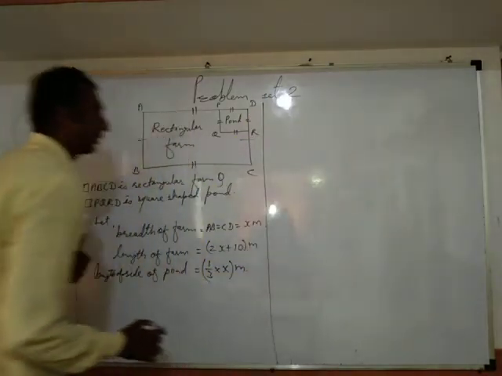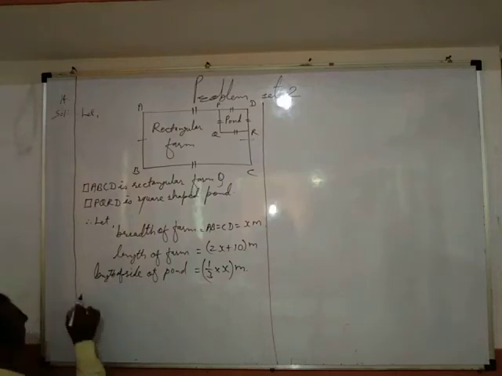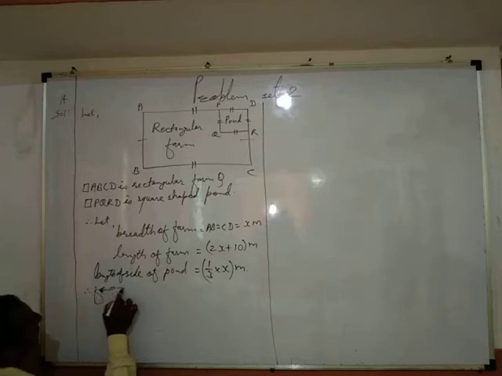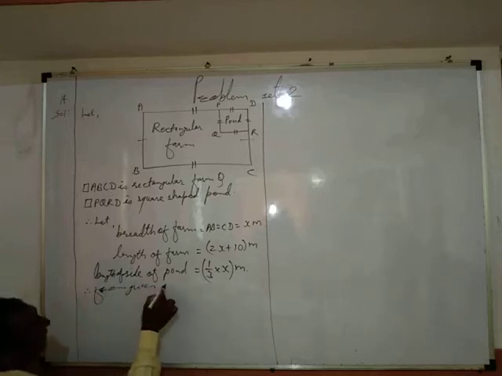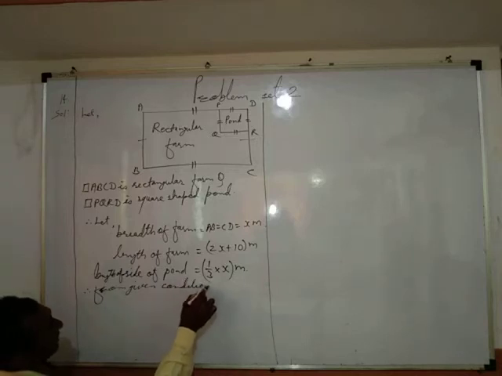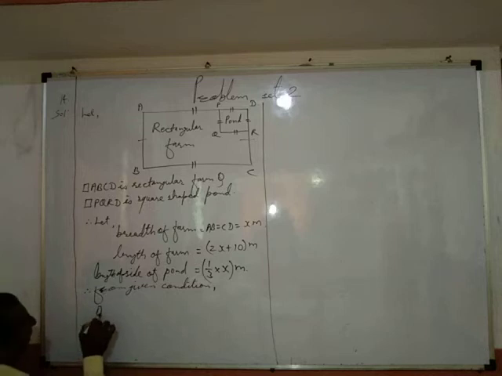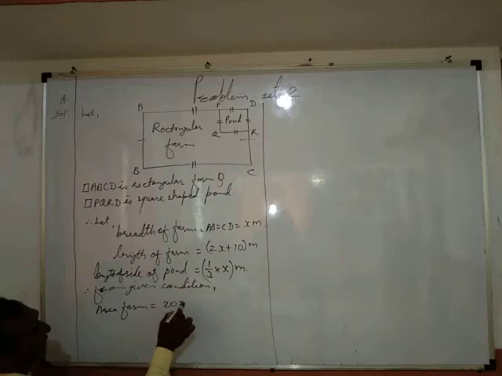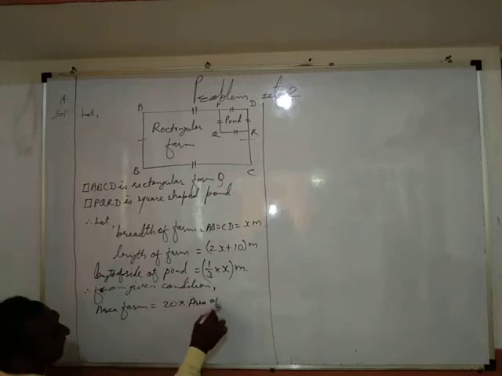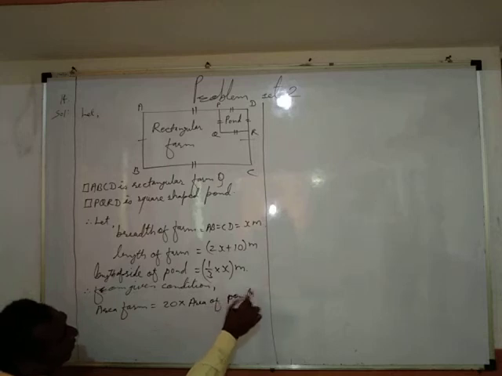And therefore from given condition, what is given condition? It tells us that the area of the farm is 20 times the area of the pond. Okay. Area of farm equals 20 times area of pond.